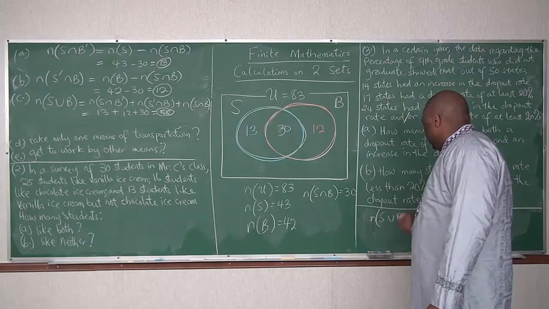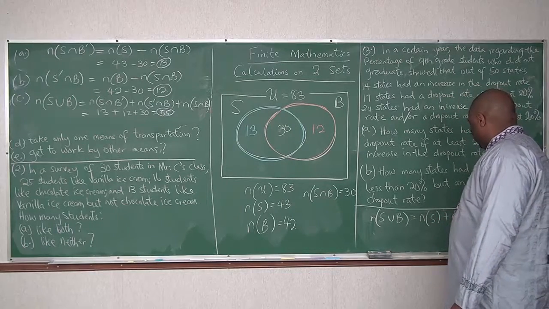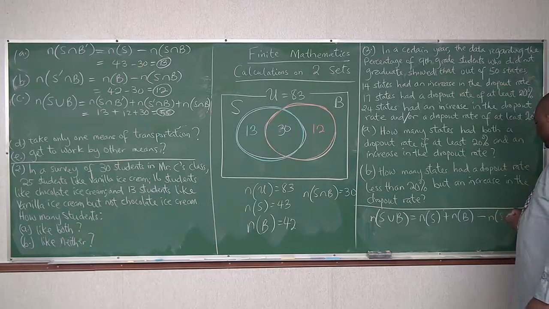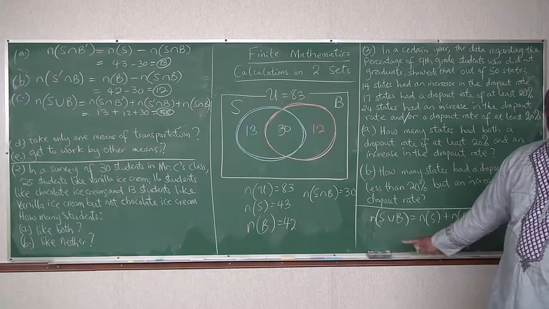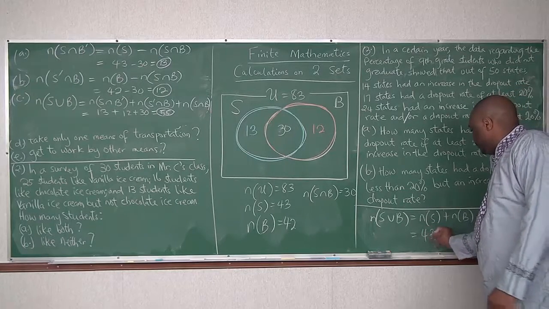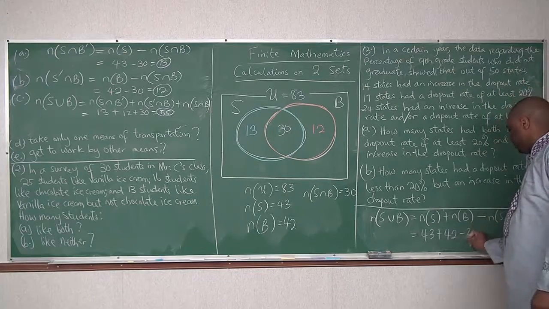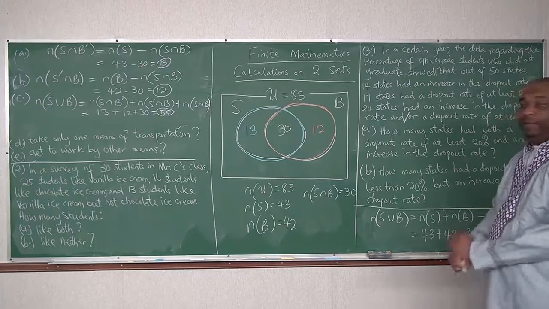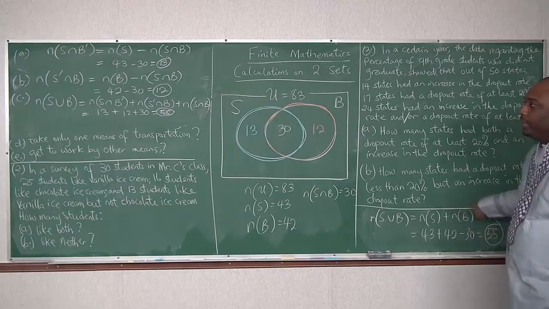Cardinality of S union B is equal to cardinality of S plus cardinality of B minus cardinality of S intersect B. So if you're going to use this formula, then it will be 43 plus 42 minus 30. 43 plus 42 is 85, and 85 minus 30 is 55. That's another way you can do it.